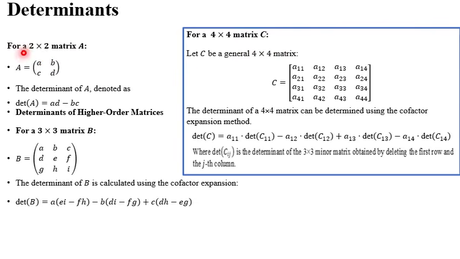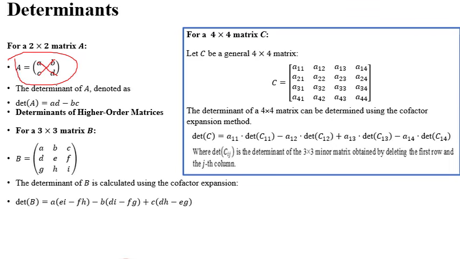So for a 2 by 2 matrix, the determinant of matrix A, take this for example, is written this way: determinant of A. So top to bottom diagonal, you multiply the elements AD minus the bottom to top diagonal in this form.